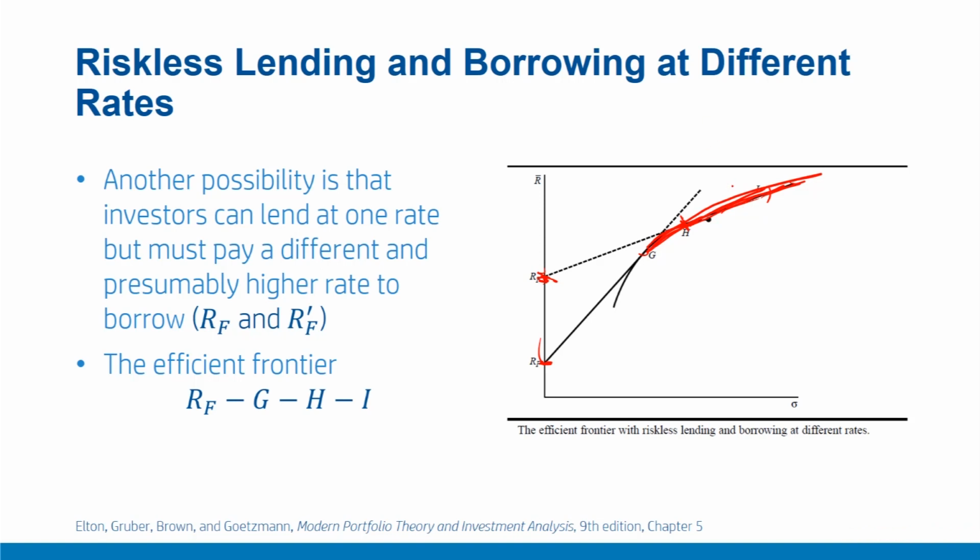Effectively, your new investment frontier becomes, starting from RF to G, those who are less risk taking can invest some amount in RF and some amount in G and obtain a portfolio in this lending segment RFG.